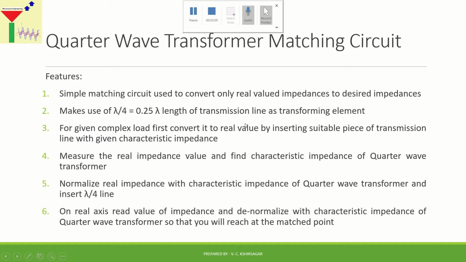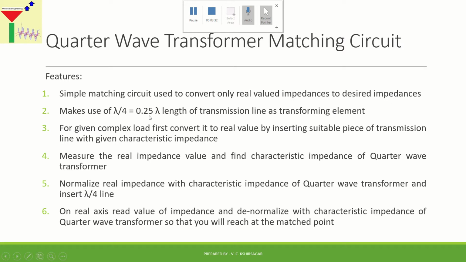A complex load can always be converted into a real valued load by inserting a suitable piece of transmission line. Please remember, this piece of transmission line used to convert the complex load impedance into real valued impedance is not the same as the quarter wave transformer.